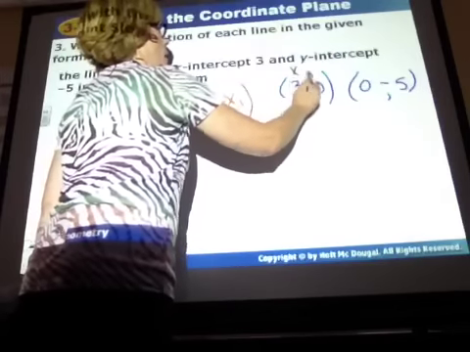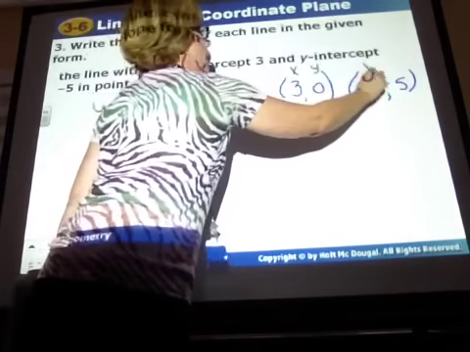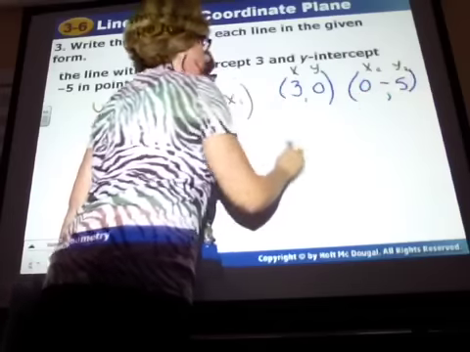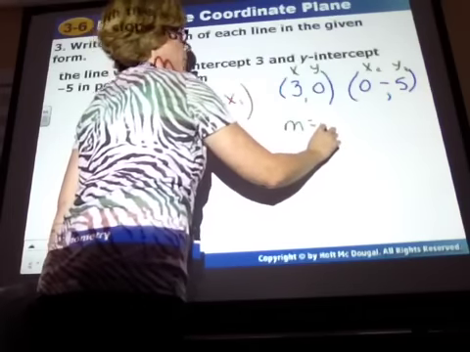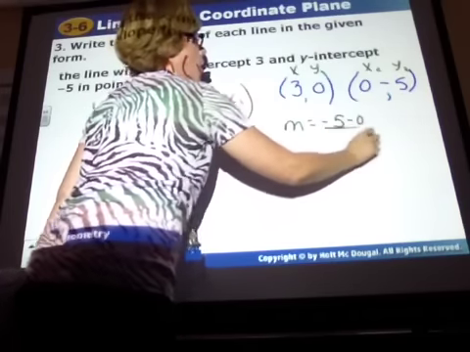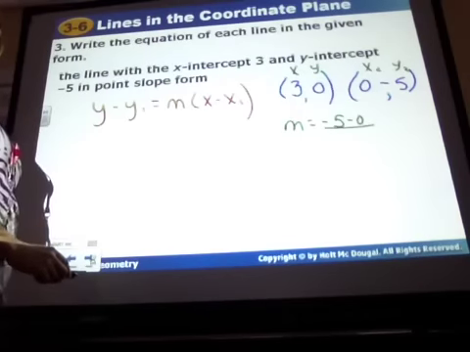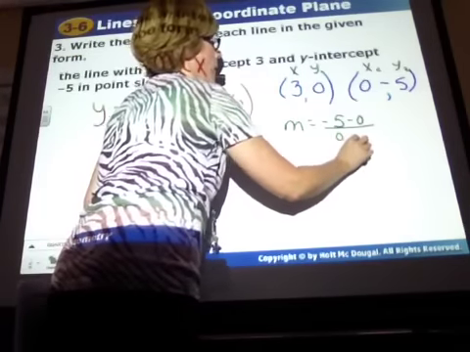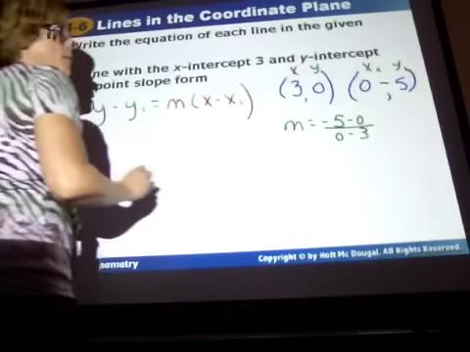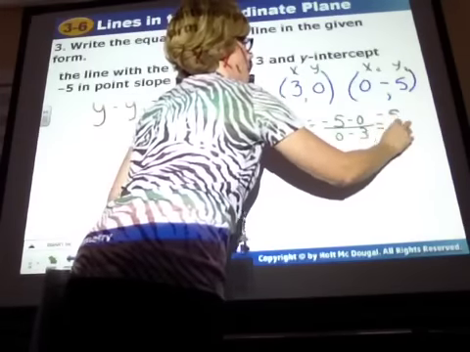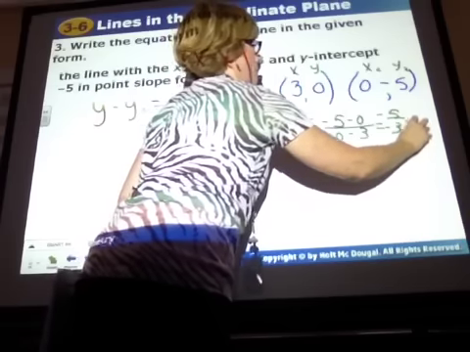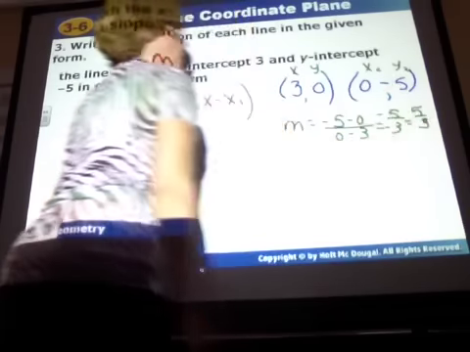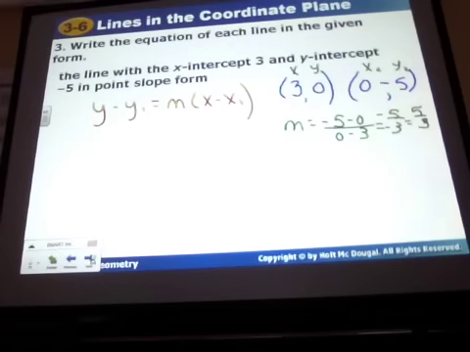So now we can use our first point and our second point and find out what slope is. Difference of your vertical y coordinates over difference of your horizontal x-coordinates. So my slope is 5/3.